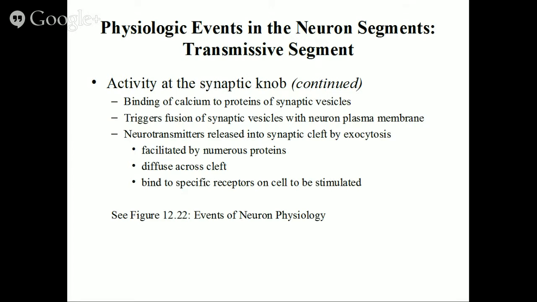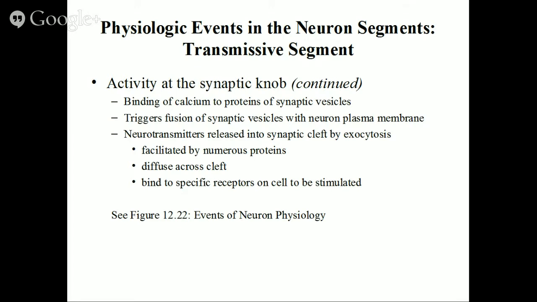Once they fuse, they become one. That bubble becomes part of the wall. But when it becomes part of the wall, its contents are then released to the outside of the cell. And when these contents are released outside of the cell, this is the process known as exocytosis.